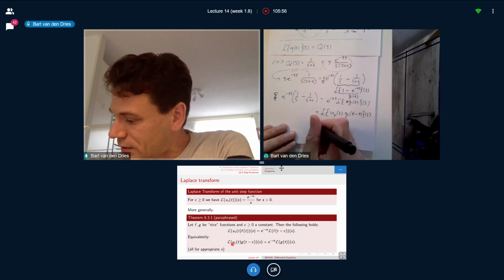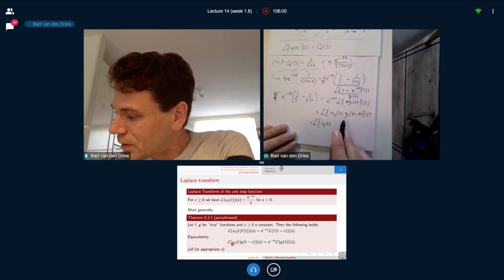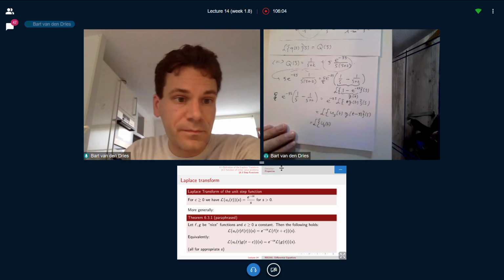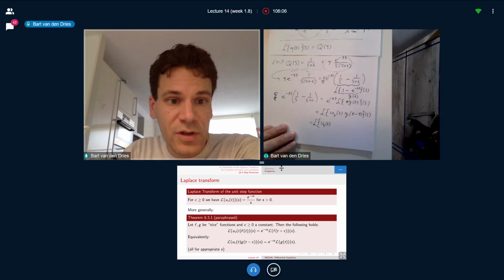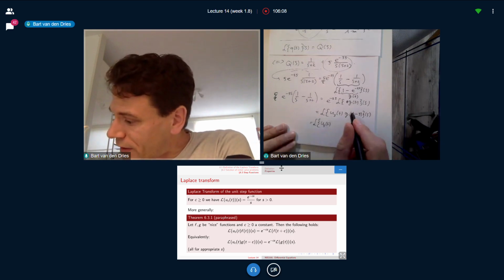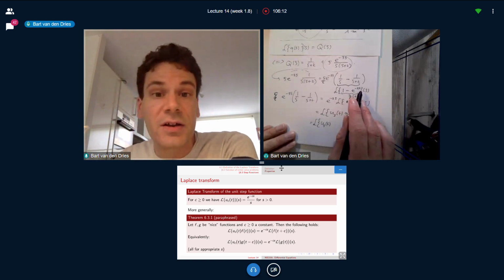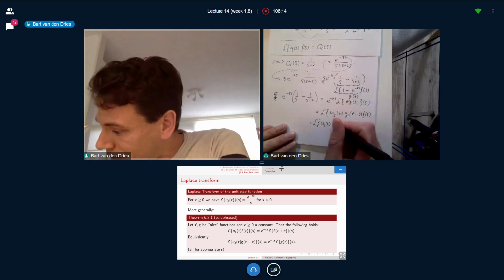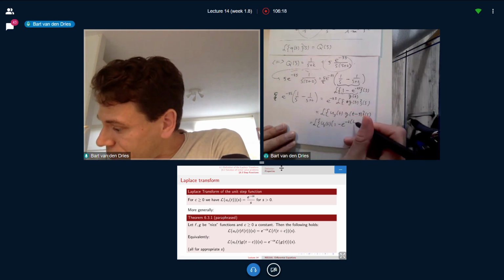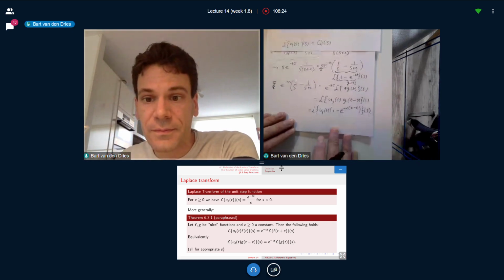So it's the Laplace transform of the unit step function times this function evaluated at t minus 3 instead of t. So I get times 1 minus e to the power minus 2 times t minus 3. That's what it is.